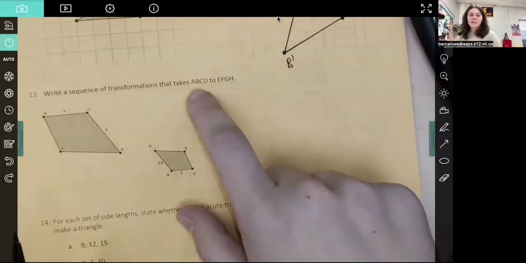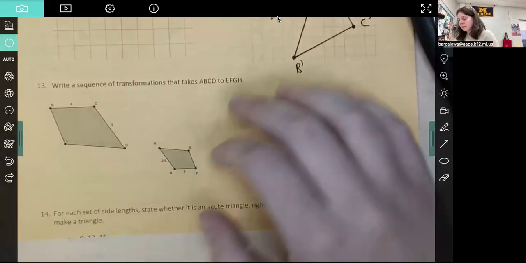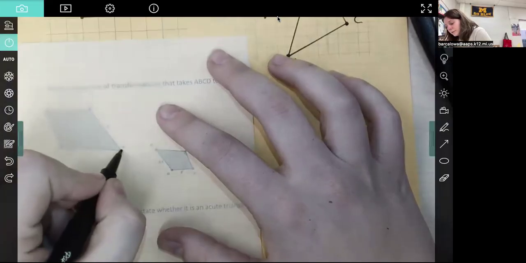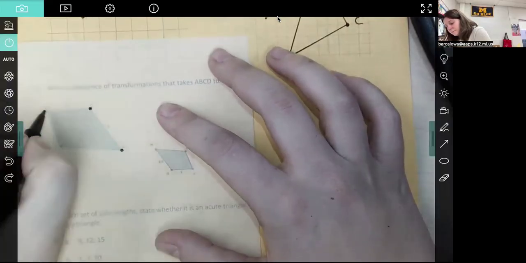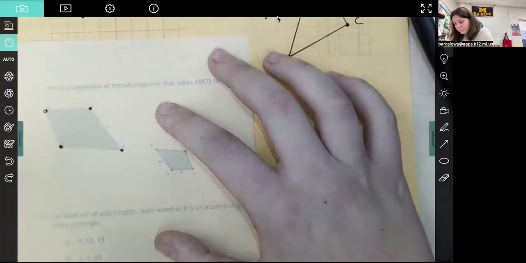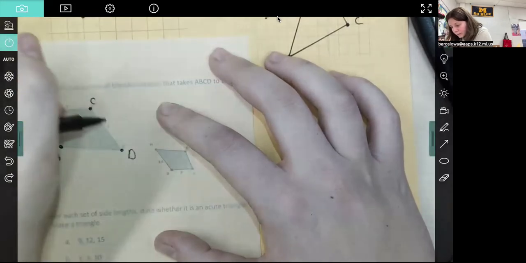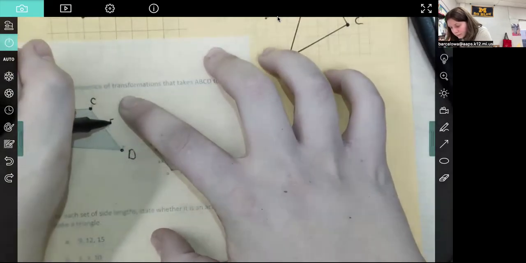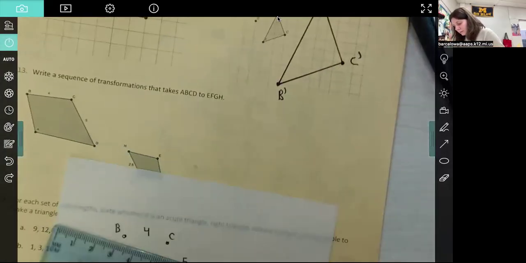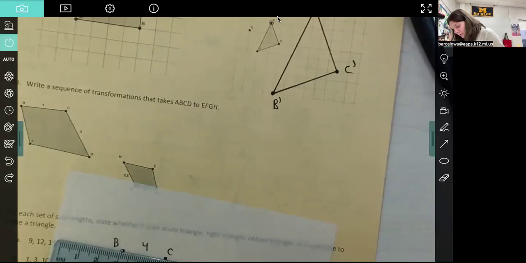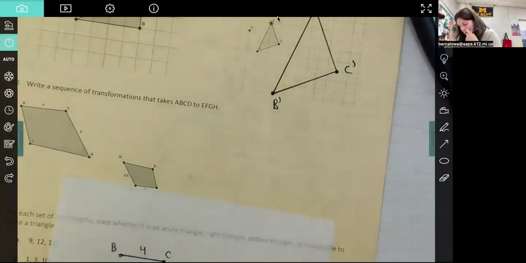So A, B, C, D to E, F, G, H. So this is my original one. I'm going to trace it just in case, and I'm going to include side lengths too. So this is 5, this is 4. Use my straight edge just to be super precise.